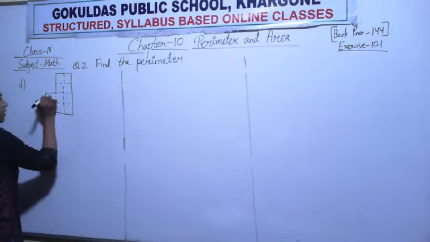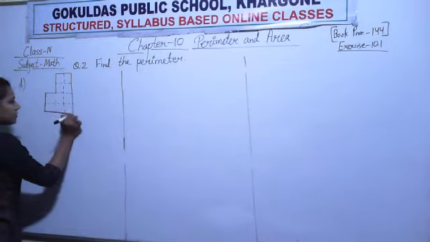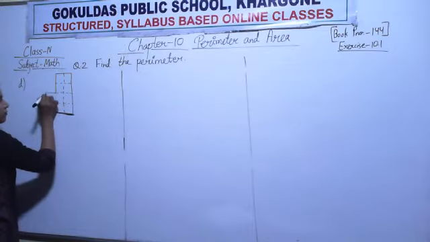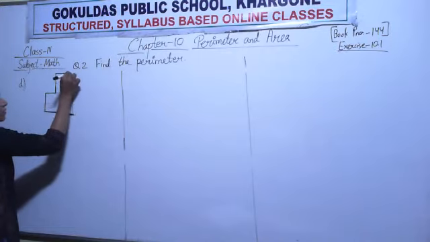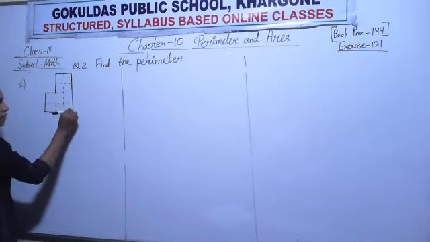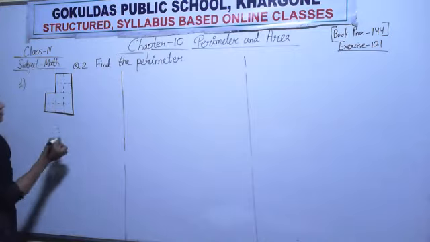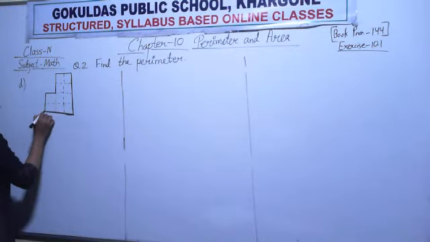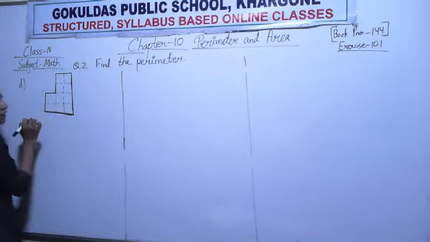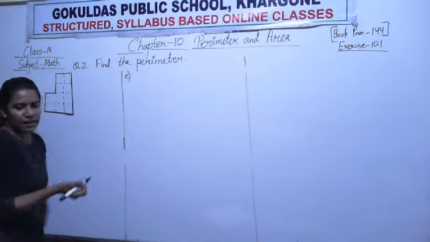In question number D, the figure is drawn like this. Can you calculate the perimeter? Perimeter means the length of boundary. If yes, then try to calculate. Till then I am drawing the next figure.